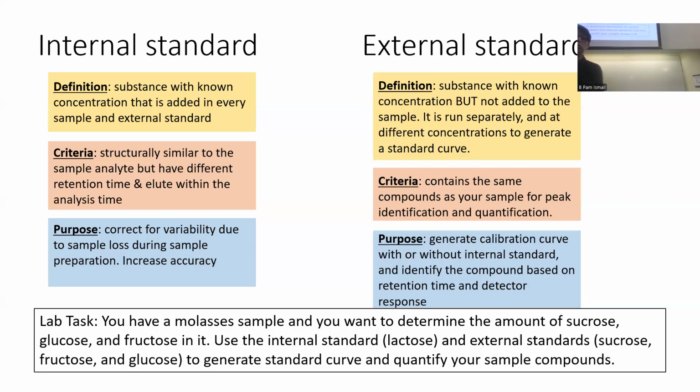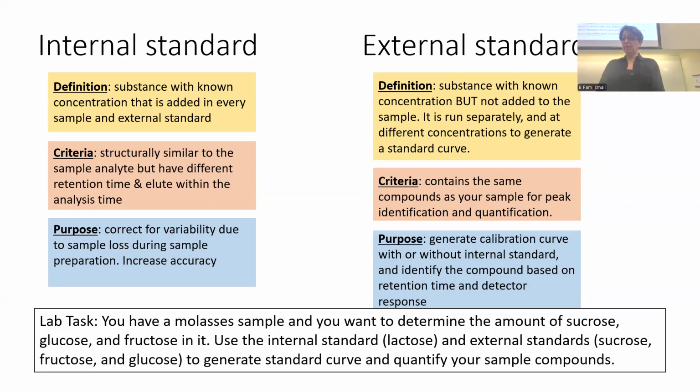In GC, you used an external standard, but you did not prepare different concentrations. You did not construct a standard curve, so that's why it was semi-quantitative. In caffeine, you actually prepared caffeine at different concentrations, and you plotted to get a standard curve that you can use to quantify.